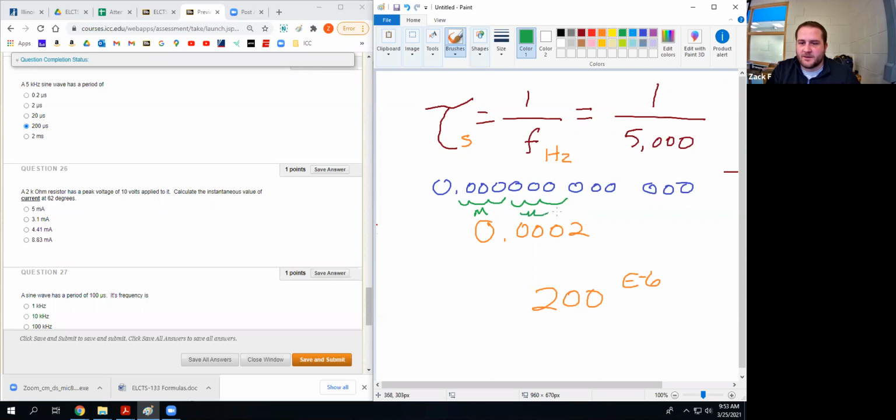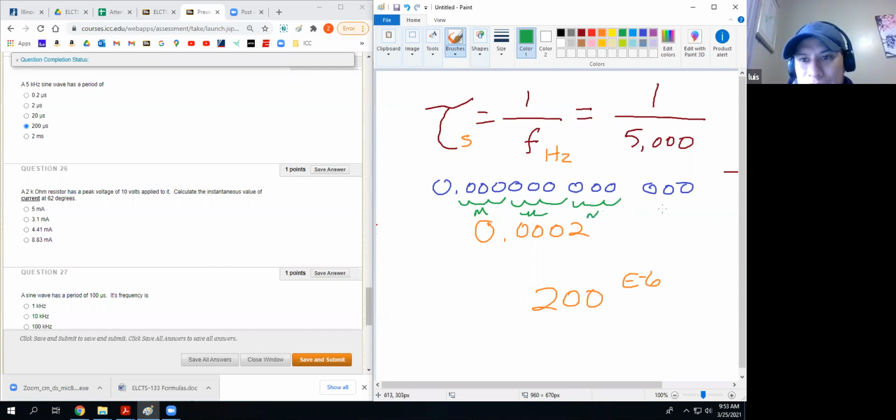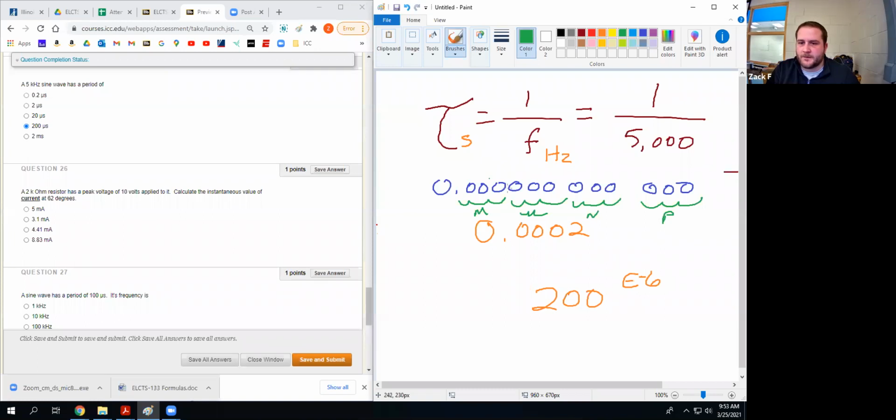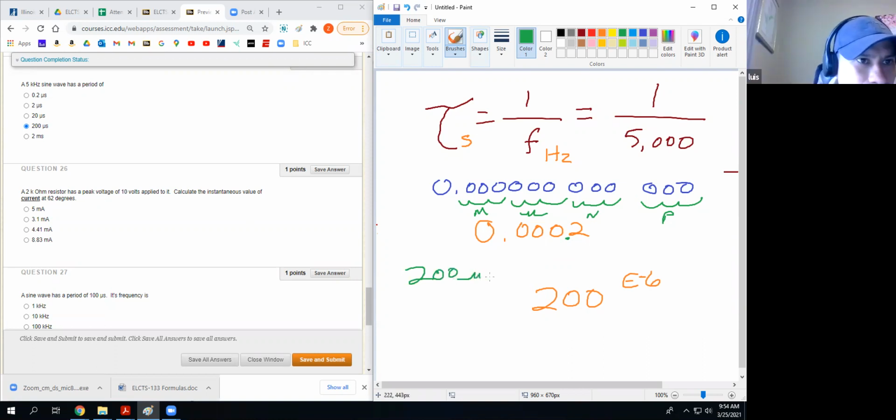What is it next, nano, and pico? I always get nano and pico mixed up. That sounds right. So if the number is 0.0002, it'd be either 0.2 milliseconds or 200 microseconds. Either way you strike it, it's the same number, 200 microseconds.